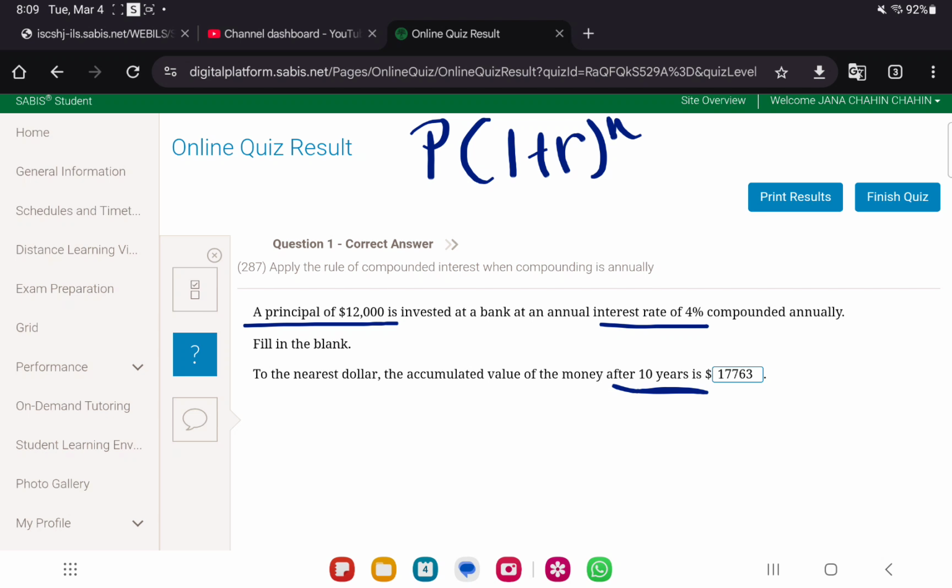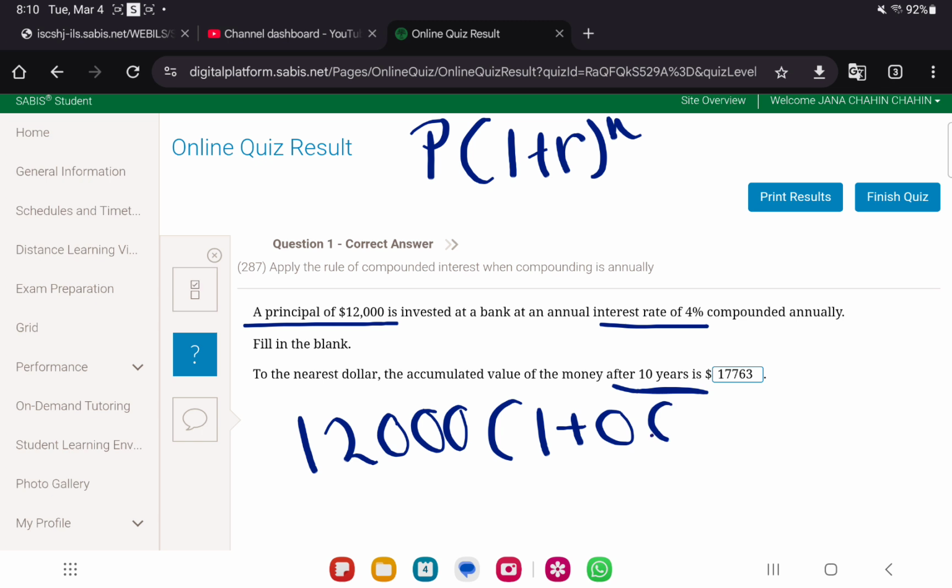So here it's 10 years. Let's fill in the values. P is 12,000, times 1 plus 4%. 4% is 0.04, and then n is 10 years. Do that on your calculator.